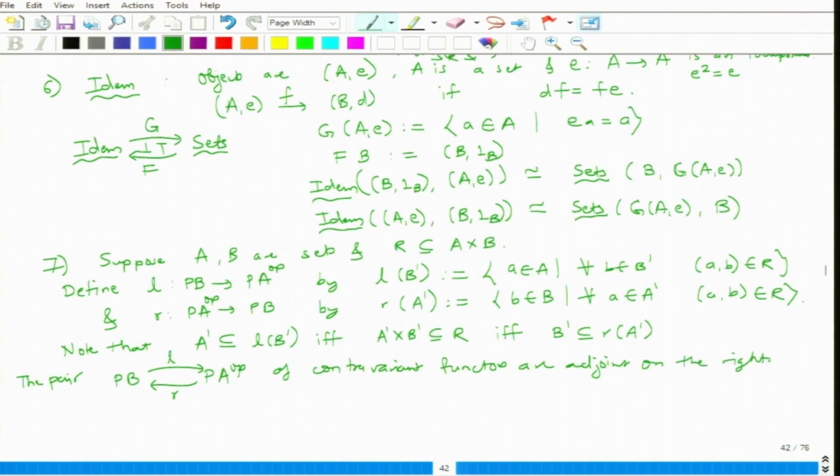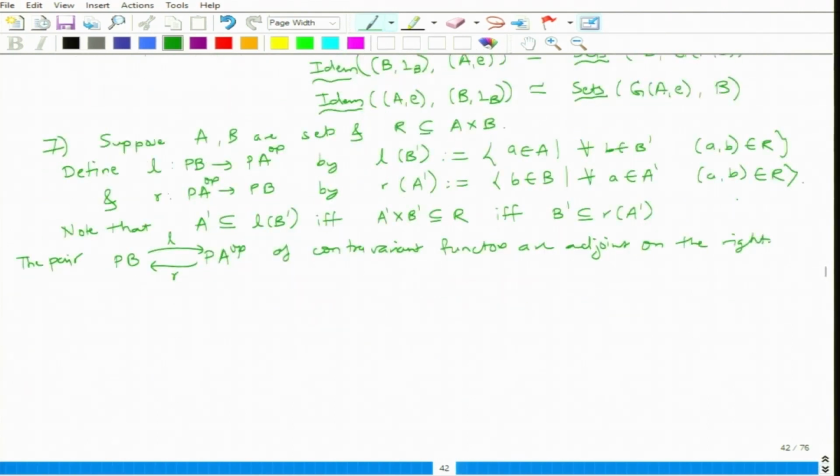In common mathematics, L comma R is known as, anybody? As an antitone Galois connection.